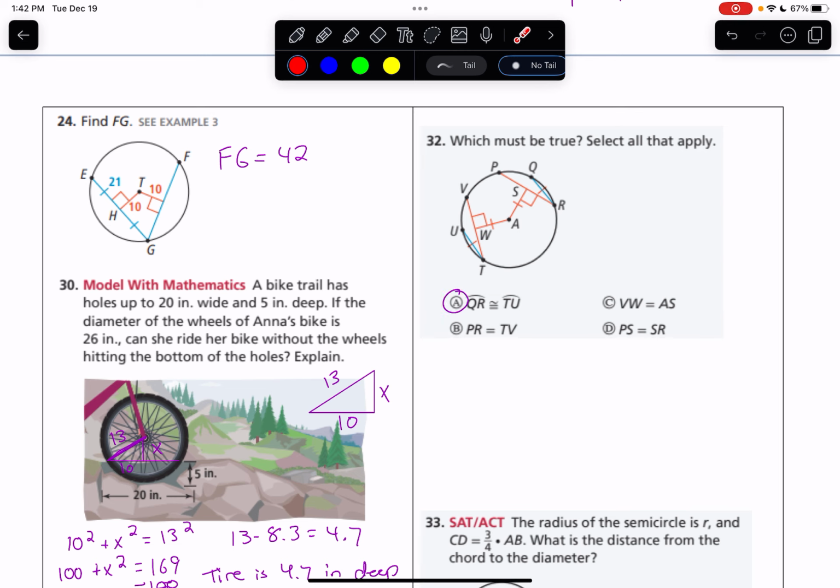For B, PR and TV are the same distance away from the center, so we know that they're congruent. C, VW equals AS, so VW is half the chord here. AS is the distance to the chord. There's no relationship between those, so we don't know C. And then D, PS equals SR, we know that chord gets cut in half by the distance away from the center, so we know that that is true.